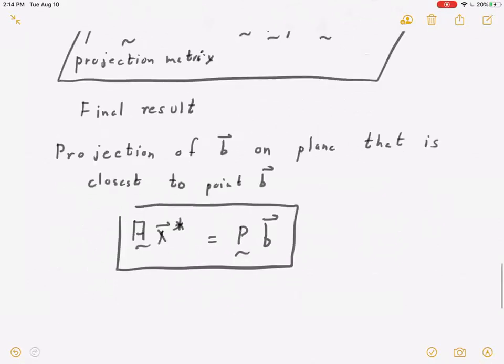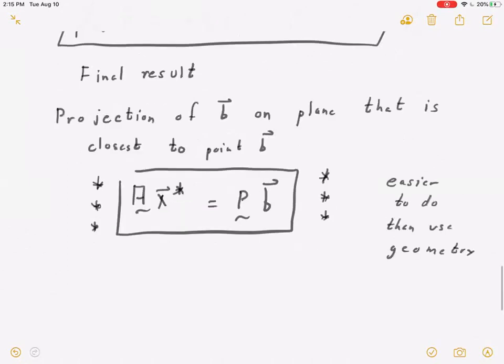This looks involved, and it looks like we have a lot of matrix algebra to do, but trust me, this is much easier to do than to try to use geometry to draw pictures of this system, the plane and B, and then figure out what that projection of B on the plane is.